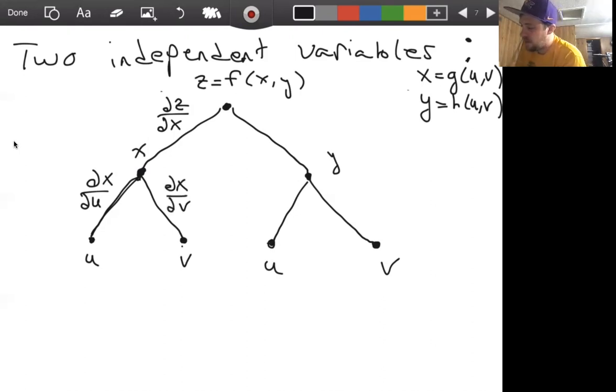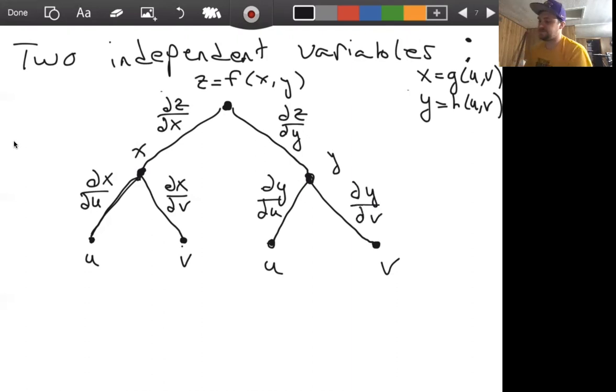And then similarly, we had two choices at the very top of the tree. And now if we went down the y branch here, we would have partial z, partial y, right? And then once we're at y, we have two choices. We have partial y, partial u, and partial y, partial v.